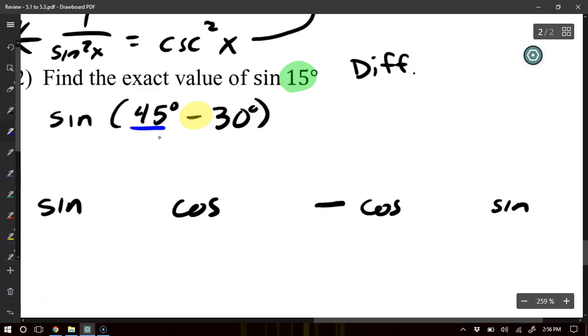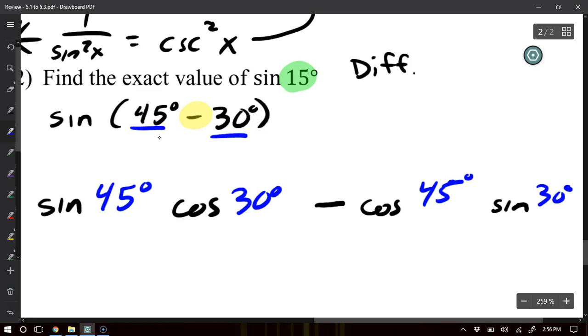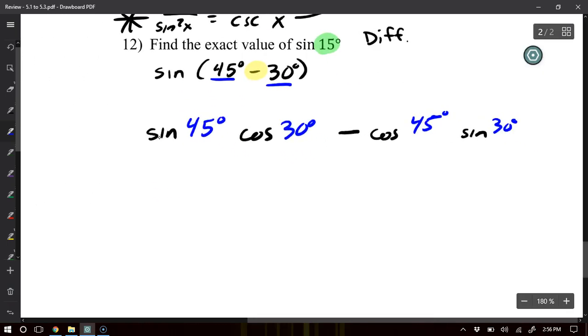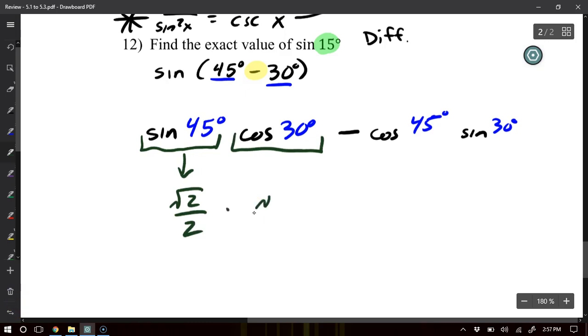And I am just going to plug in 45 degrees, 30 degrees, 45 degrees, 30 degrees. Since those are angles that are on the unit circle, I can go through and find those values. The sine of 45 degrees is radical 2 over 2. The cosine of 30 degrees is radical 3 over 2.